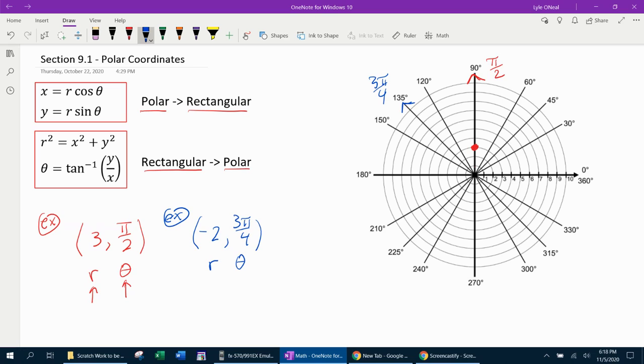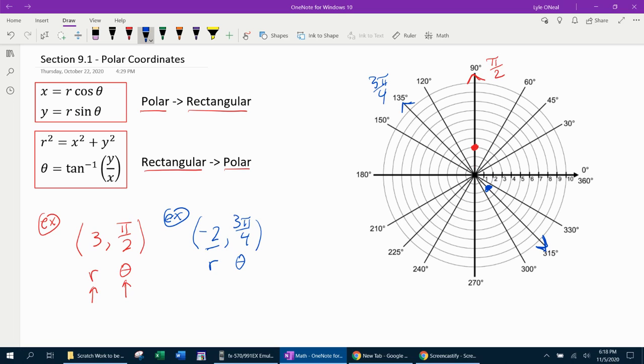Again, positive angles go counterclockwise, so that brings us around to 135. And then notice this time the radius is negative. So instead of going in the direction of 3 pi over 4, we're actually going to go in the opposite direction, in the direction of 315, 2 spaces. And that's going to put us right there, okay?